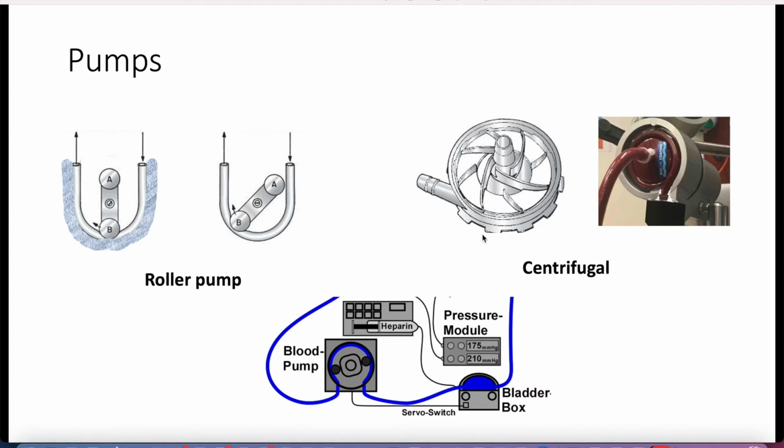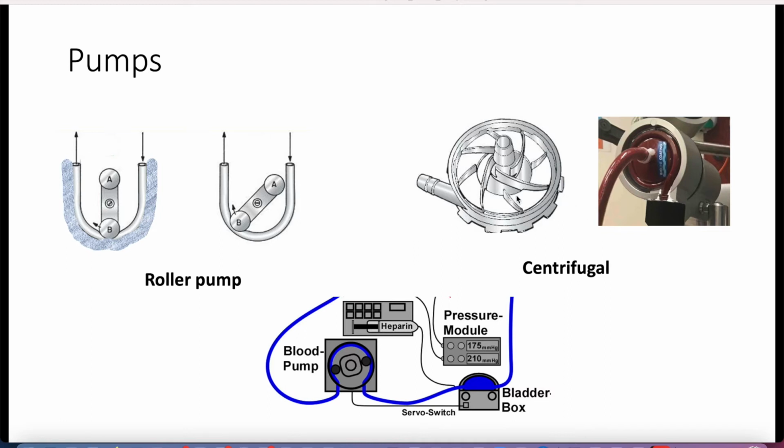The second type of pump that is used in ECMO circuits is the centrifugal pump. The centrifugal pump has an impeller which is placed inside a casing, and this impeller is driven by a motor which is usually situated within the console. The motor is coupled with the impeller usually magnetically.